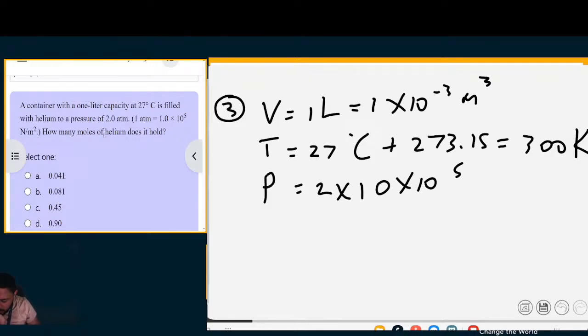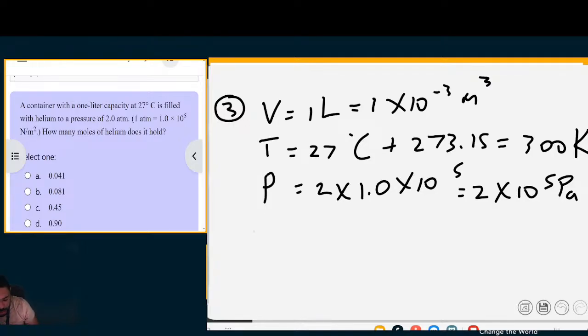And then of course the 2 atmospheres of pressure. So we want 2 multiplied by 1.013 times 10 to the 5, it's simply just 2 times 10 to the 5 pascals. There we have 2 times 10 to the 5 pascals.